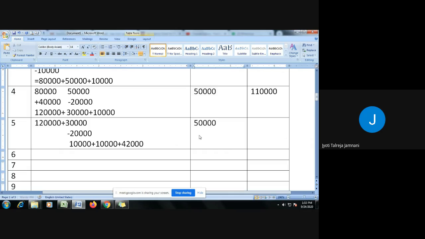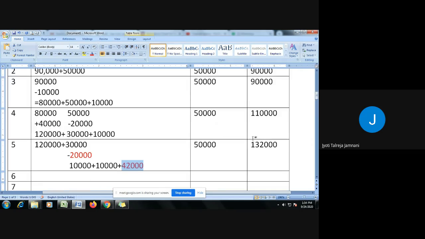From that, if I minus 50,000, I'll get 1,32,000. So see, the capital has again increased by 22,000 because we have sold goods costing rupees 20,000 for rupees 42,000. So we have a profit of 22,000 which has been added to our capital. So this is how the fifth transaction will actually go.